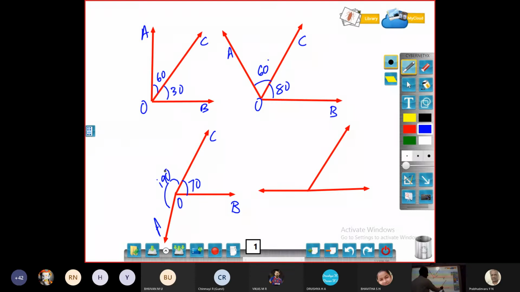Then let us take this angle as 55 degrees and this as 125 degrees.